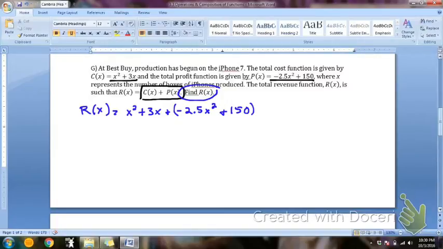Now, all we need to do is combine like terms. You would agree that this plus sign right here in the middle isn't going to change the signs of the parentheses. So we can just rewrite this without parentheses if you'd like to. Minus 2.5x squared plus 150. Now all we need to do is combine like terms. 1x squared and a negative 2.5x squared gives me negative 1.5x squared.